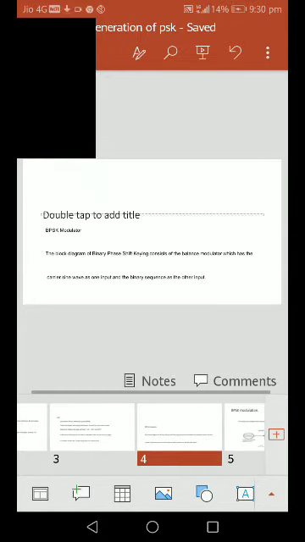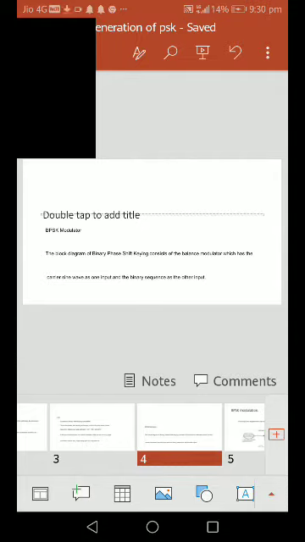Further, the BPSK binary phase shift key modulator. The block diagram of binary phase shift keying consists of a balanced modulator which has the carrier sine wave as one input and the binary sequence as the other input.